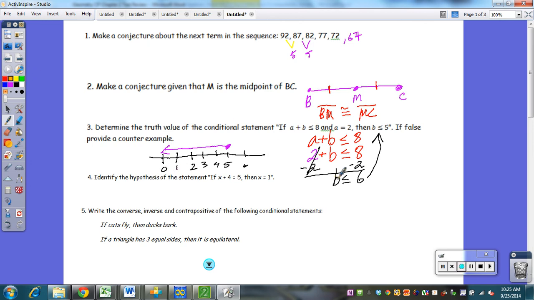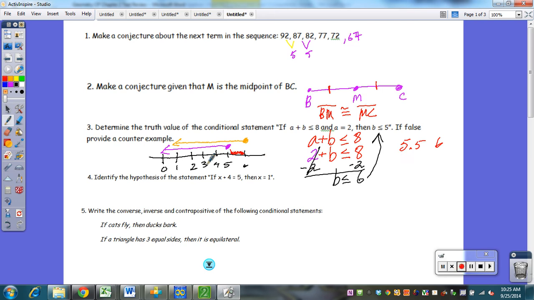However, when I solved it, I saw that B was less than or equal to 6. So what that means is it did not take into account all of those values between 5 and 6. So a counterexample could be any number between 5 and 6, including 6. So a counterexample could be 5.5. It could also be 6. Any one of those numbers between 5 and 6, including 6, is a counterexample for it.